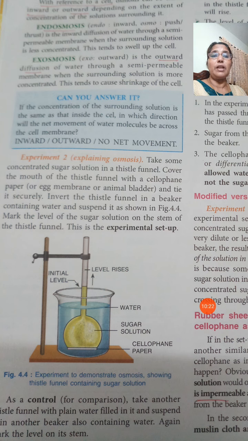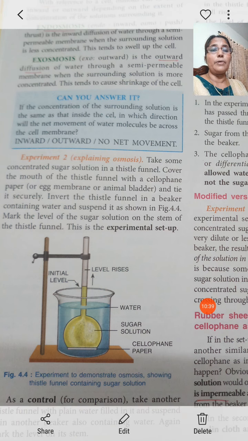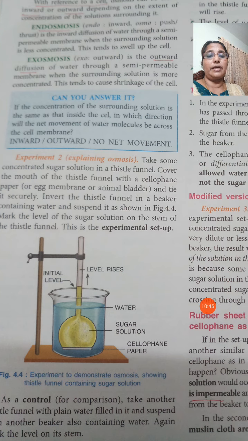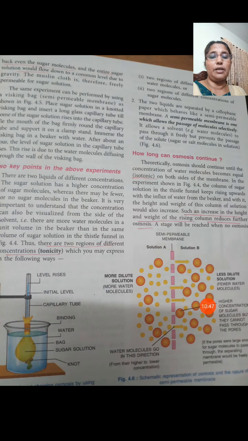After that it will stop because of the pressure exerted by the solution inside the thistle funnel, the force from the gravitational force and weight of the solution, which stops further entry of water into the thistle funnel. That pressure is known as osmotic pressure.